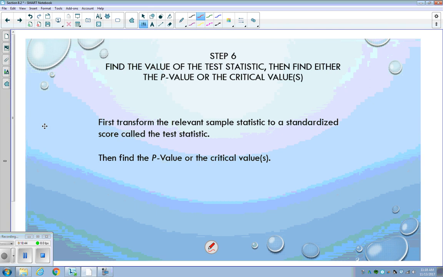Find the test statistic, whether it's Z or T. And then we're going to find the critical values or the p-value. The p-value is nothing more than the area in the tail that would be rejected.